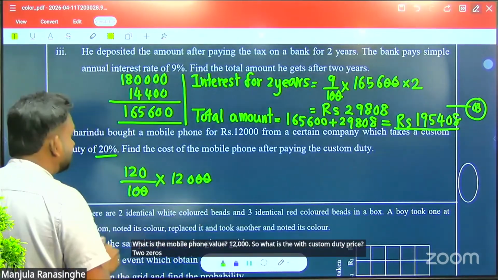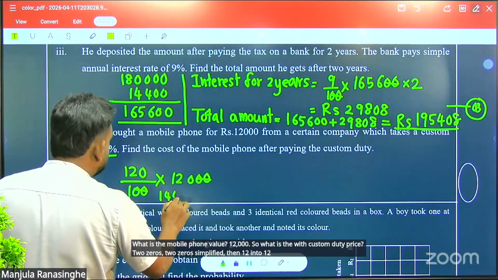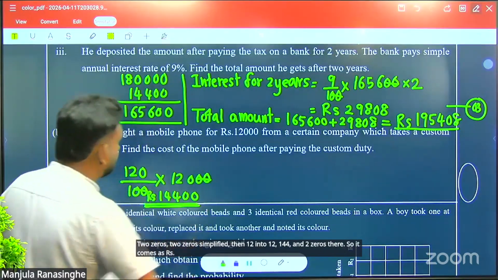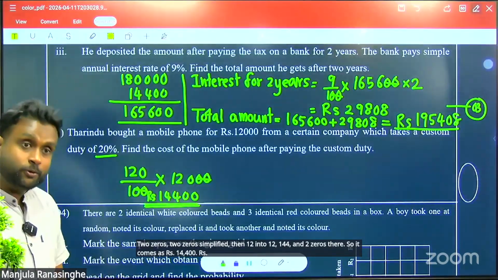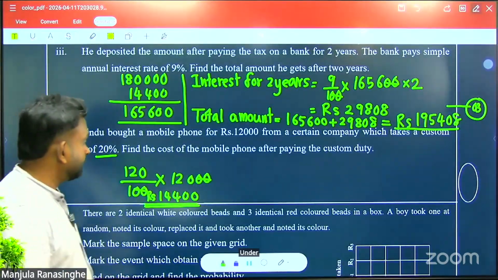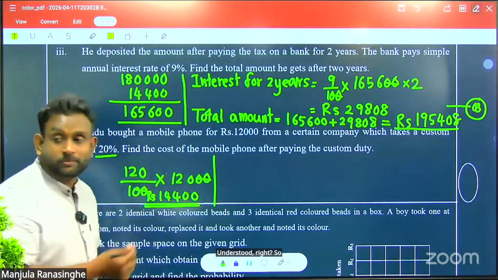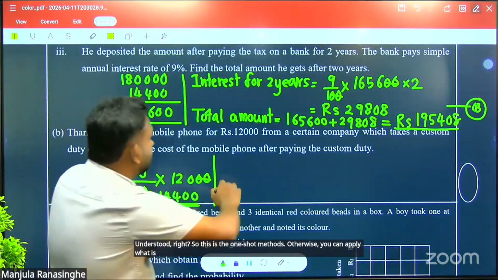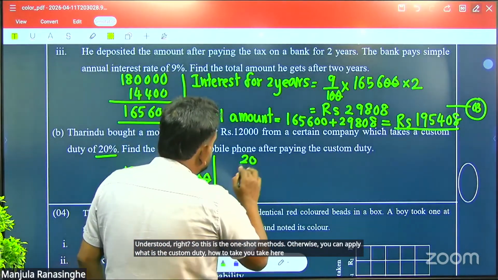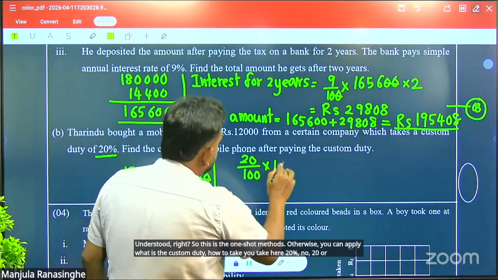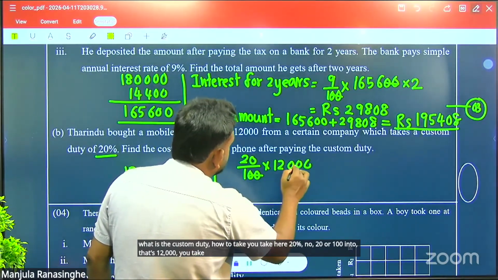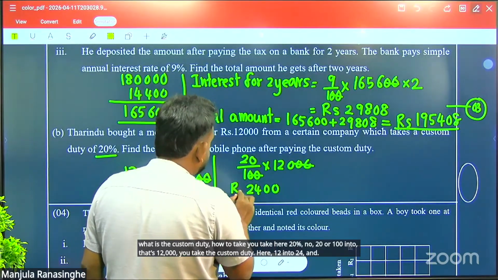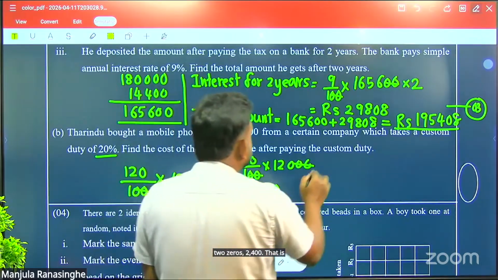Two zeros simplified, then 12 into 12 is 144 and 2 zeros there. So it comes as rupees 14,400. Rupees 14,400. Understood? Right. So this is the one-shot method. Otherwise, you can apply what is the custom duty: you take 20 over 100 into 12,000, the custom duty, here 12 into 2, 24 and 2 zeros, 2,400, that is the custom duty, plus this 12,000.